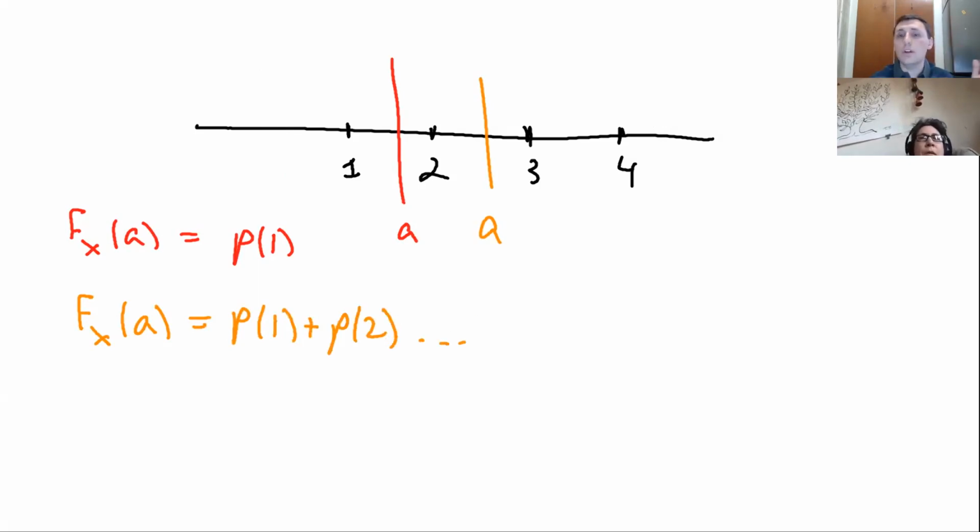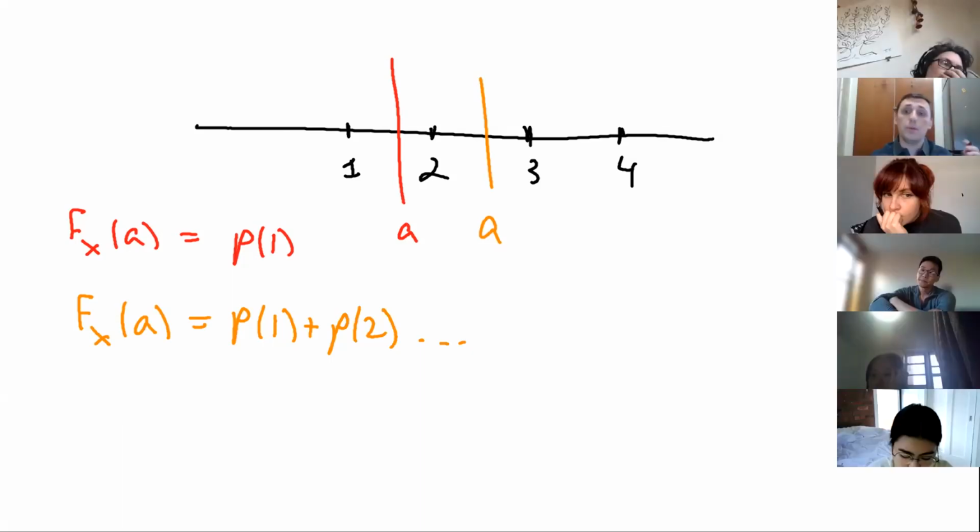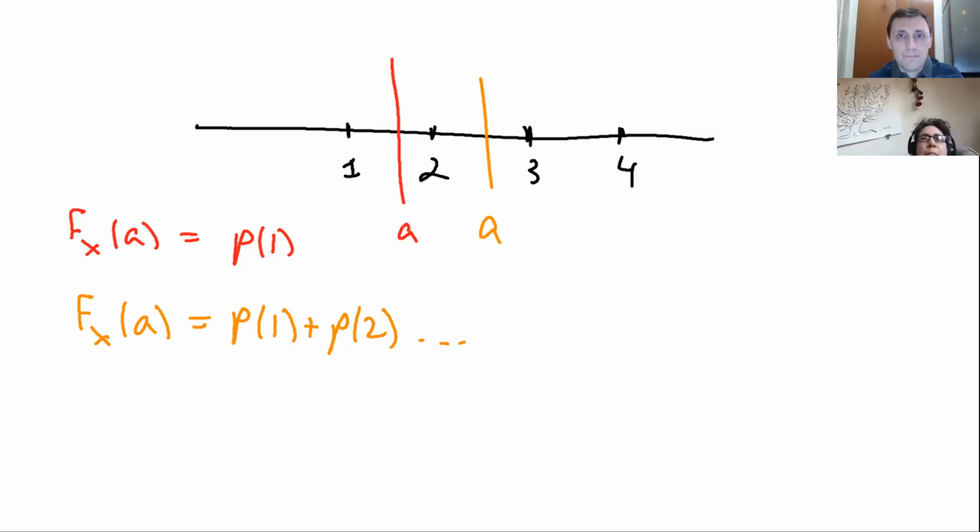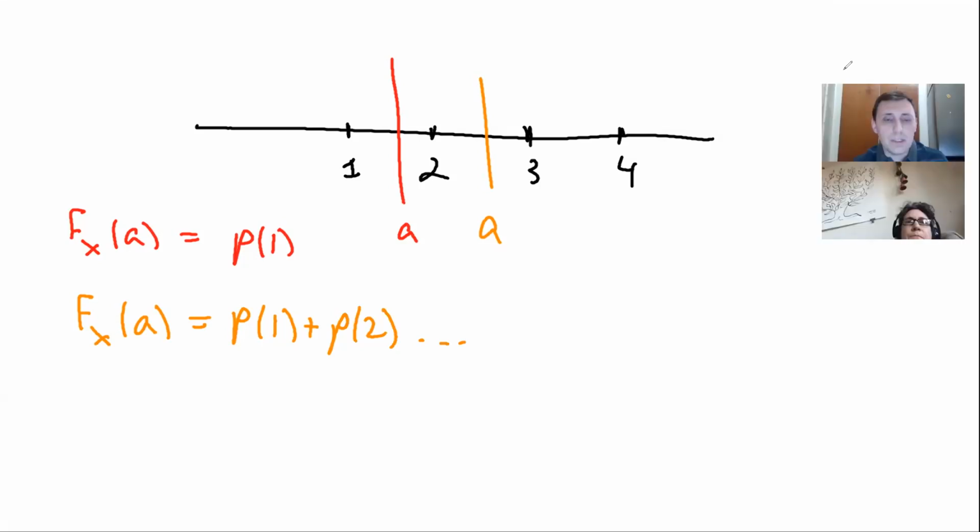Once I reach 4 and go anywhere beyond 4, the probability is adding up every event here, so the probability will be 1. Good? This is what's happening here.